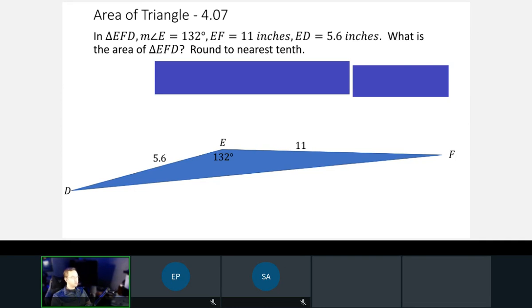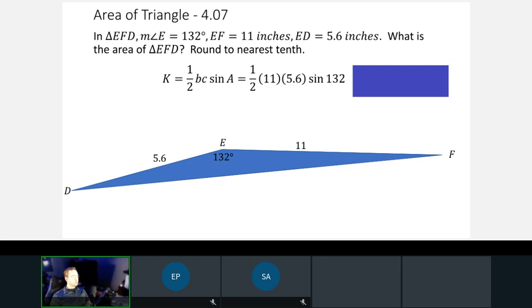So we have two sides and the included angle. So we have three choices, plus the one you learned back in grade school to find area of a triangle. And the one that we're going to use is that first one, K equals 1/2 times your two adjacent sides times the sine of the included angle. So we plug all that stuff in.